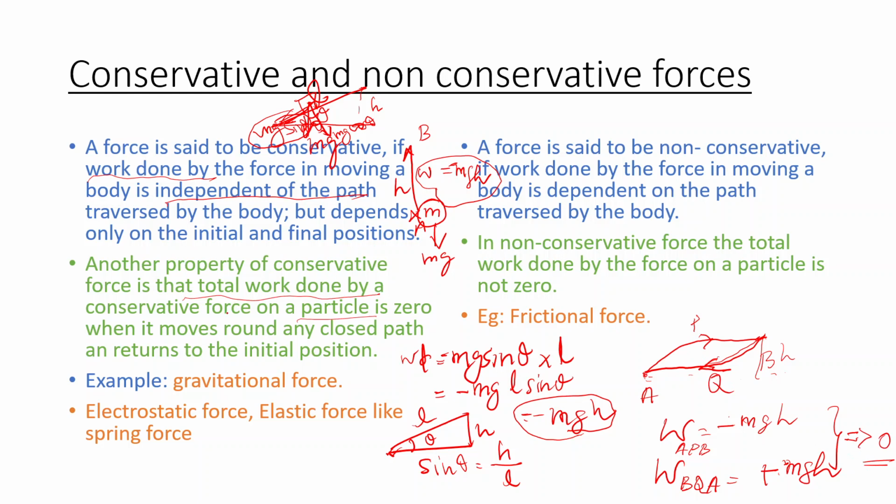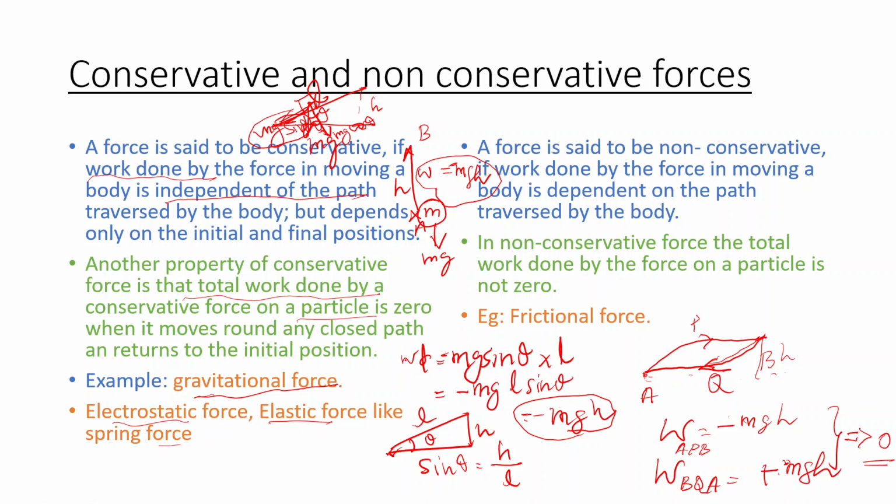The total work done by a conservative force on a particle is 0 when it moves around any closed path and returns to the initial position. Examples of conservative forces are gravitational force, electrostatic force, and elastic forces like spring force.